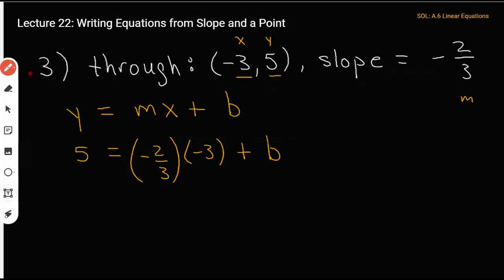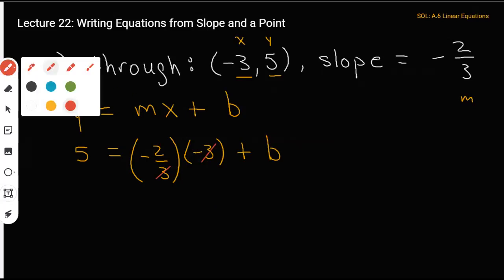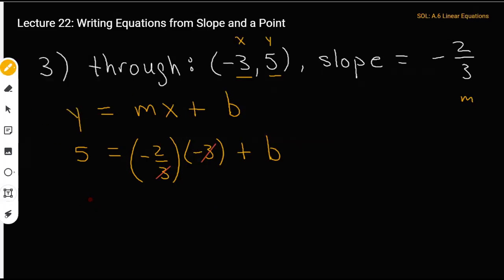And I'm only going to cross out the numbers, the 3 right here and the 3 right here. But notice I've still got 2 negatives. And that's going to make a +2. That's right. So I get 5 = 2 plus b.